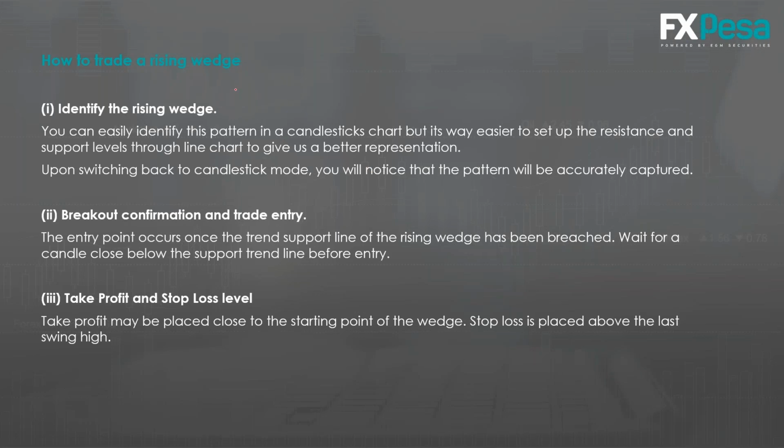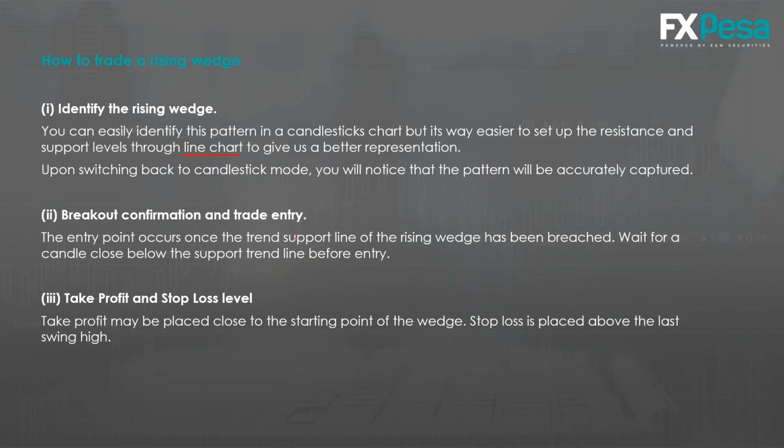Now, I think I've explained most of this, how to trade a rising wedge. Make sure you identify the rising wedge. Check out the candlestick chart patterns, and check out the resistance and support levels. You can use the line chart, which can easily help you get those levels, and then upon switching back to candlestick mode, you will notice that the pattern is accurately captured and you get the setup fast.